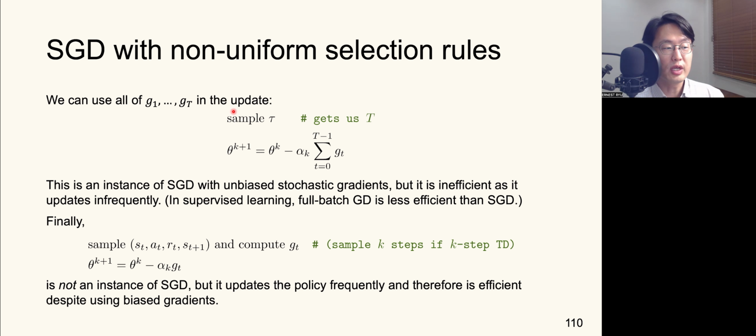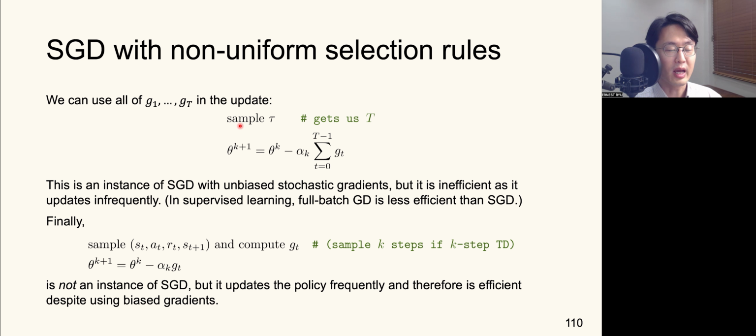So what we can do is use all of the g's in the update. We sample an entire trajectory, and this is the thing that would make sense. We sum all the individual gradients, and then we do a gradient descent step. This would be an instance of SGD with unbiased stochastic gradients, but it is inefficient for a different reason: we are performing updates very infrequently.